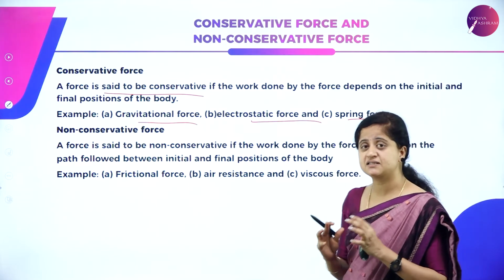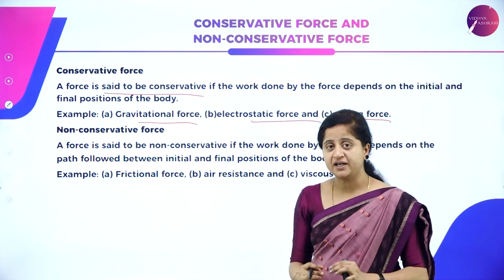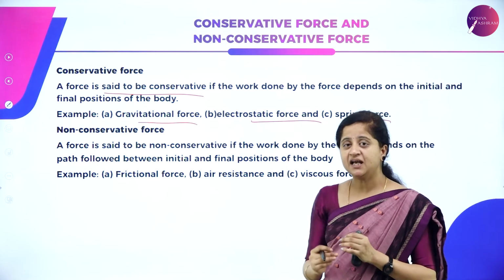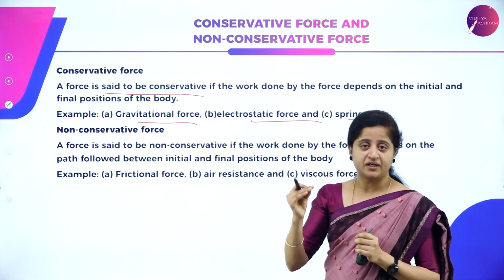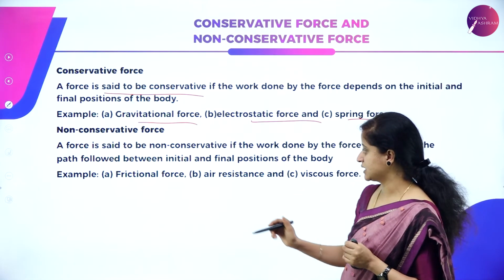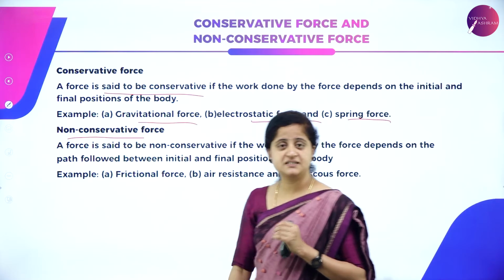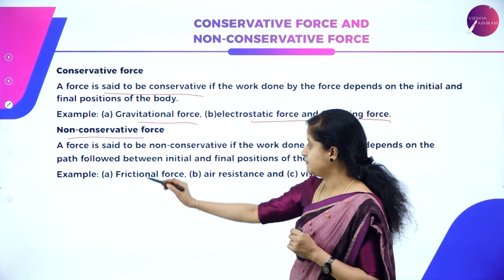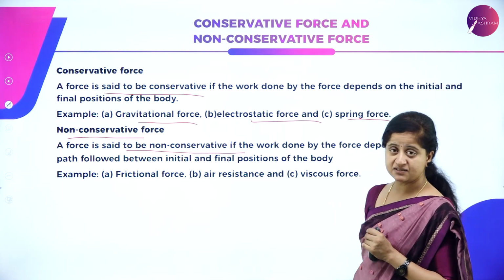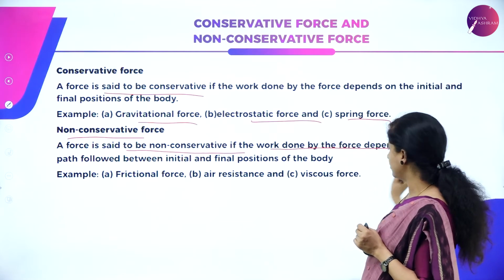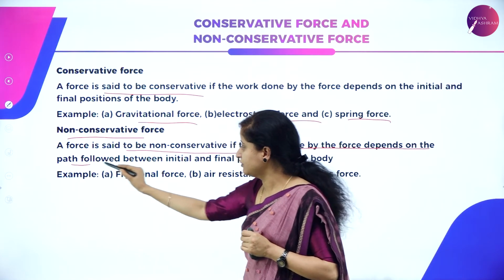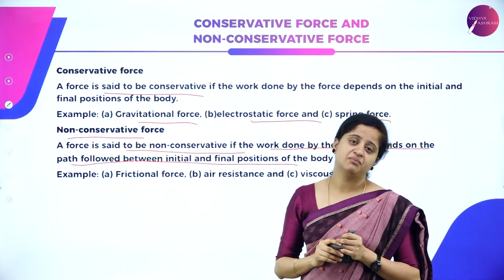So in these three forces, we will find out the work done by taking the initial and final positions into consideration. Non-conservative force is just the converse of that, which means a force is said to be non-conservative if the work done by the force depends on the path followed between initial and final positions.